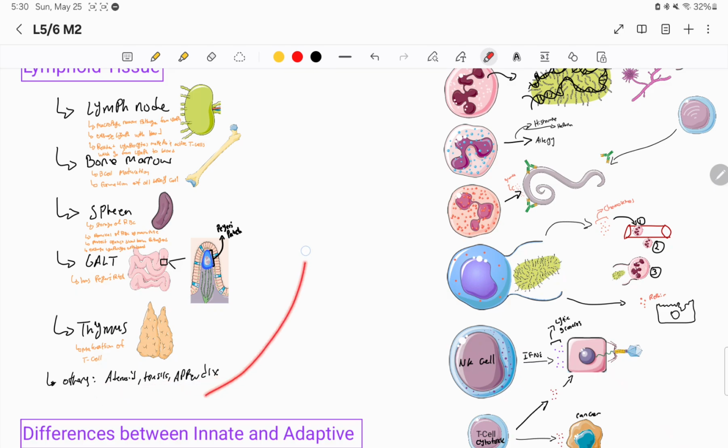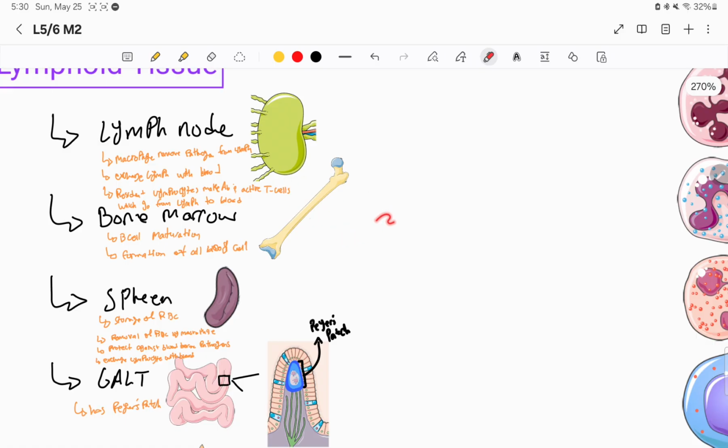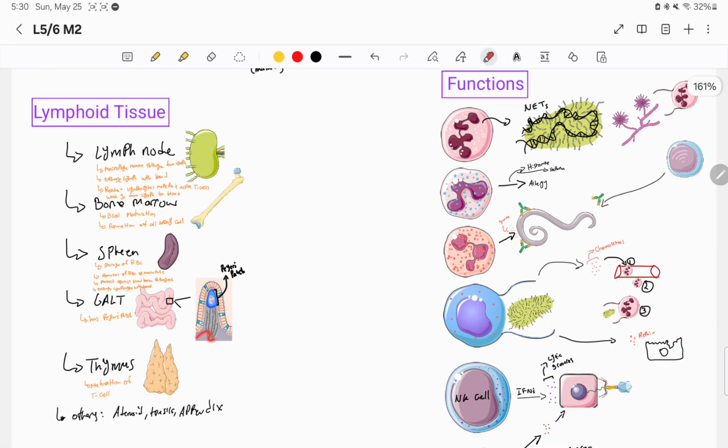They do really similar things to these lymph nodes, okay? They're all just sampling the fluid environment around the place, looking for something that is not ours. And if it's not ours, then the resident lymphocytes that live within these organs, the adenoid, the tonsils, the appendix, or the lymph node, will become activated and will go to work, okay?